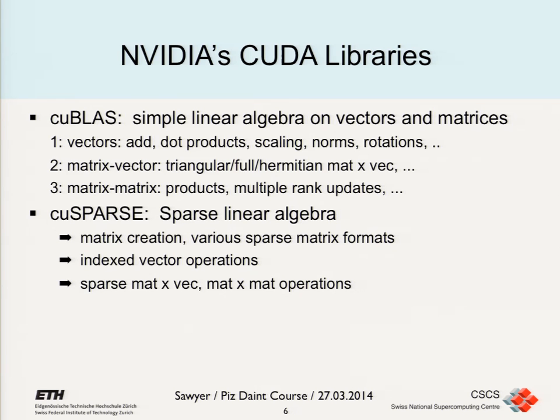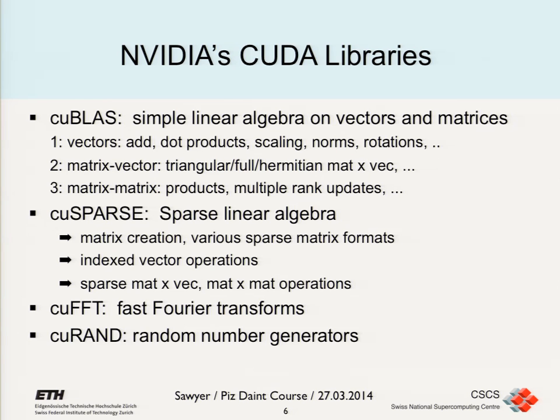It has sparse formats, which are handled through indexing arrays, and can perform the normal matrix-vector and sparse matrix-vector operations. There are fast Fourier transforms, and there are also random number generators. I'll mention these again in a minute.